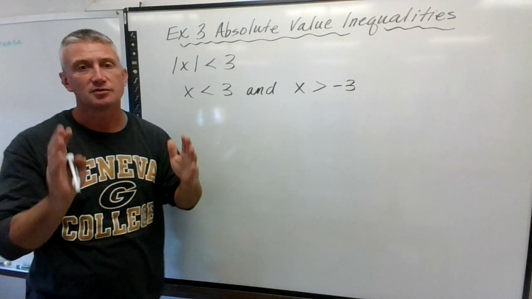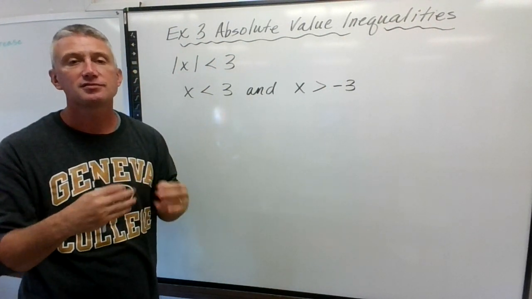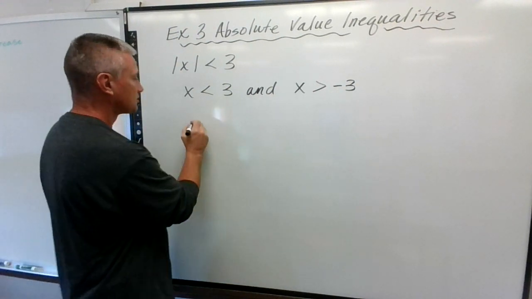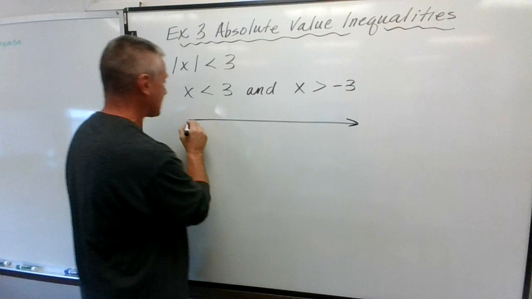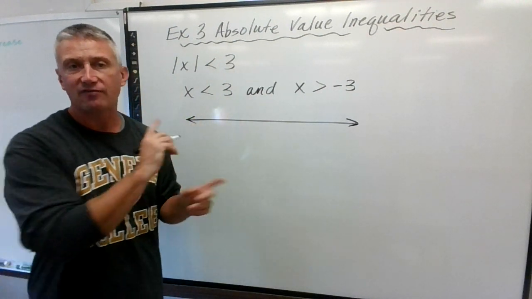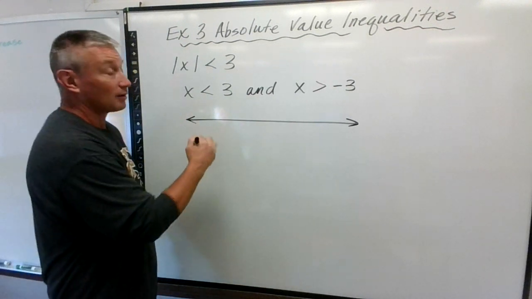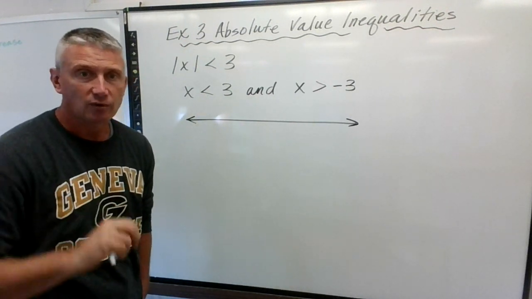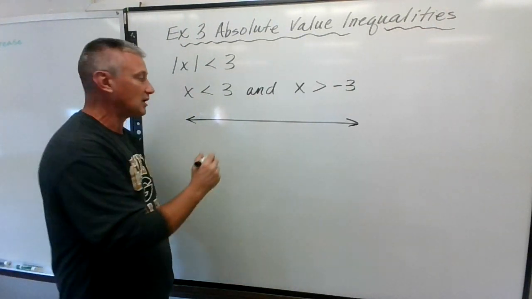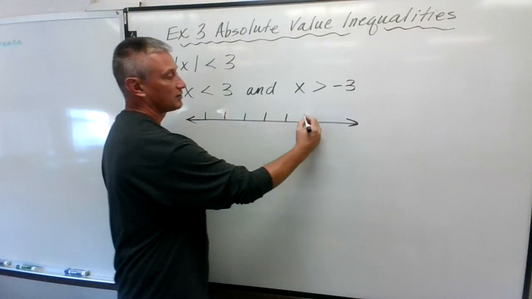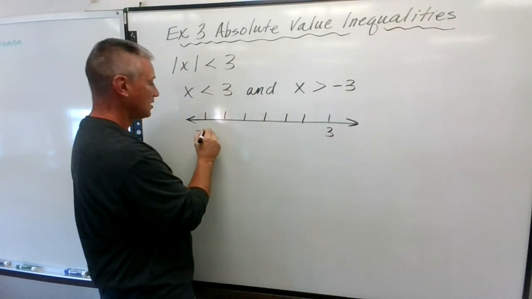What's that mean? Here's what it means. I'm going to throw this onto a number line for you so you can see it. So here's my number line for inequalities. This is how we graphed them before when we did just inequalities. Here's negative 3, negative 2, negative 1, 0, 1, 2, 3. So here's positive 3, here's negative 3.